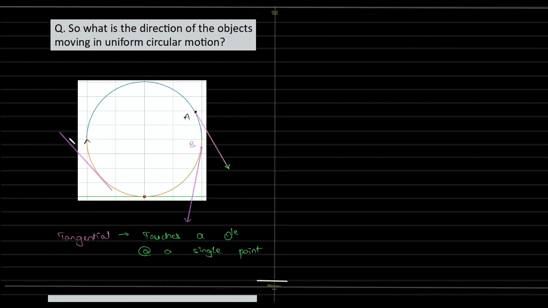And you can take any line. This is another tangent at point D. This is a tangent. So you can draw tangents at all the points by default. So that would be the direction at that moment of time, at that particular point. Okay. So what is the direction?